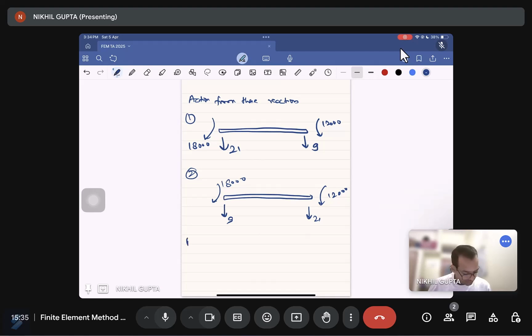Also for element 3, reaction force at node 2 will be balanced.